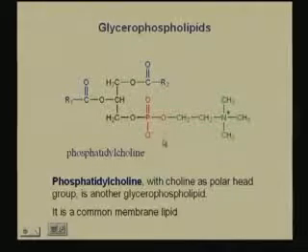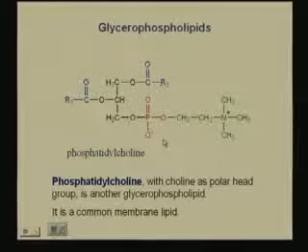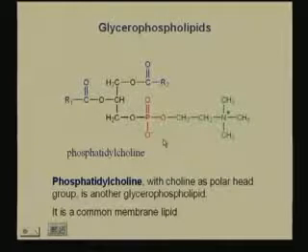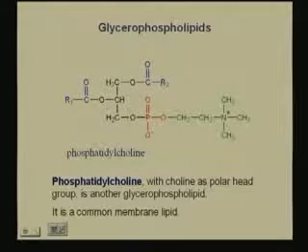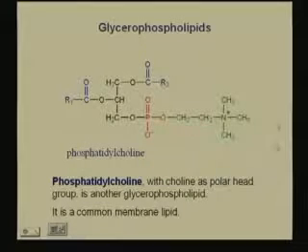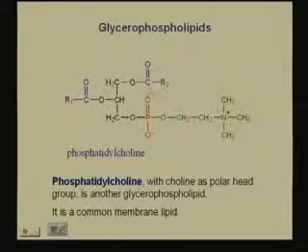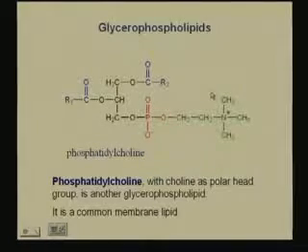Okay? So, these are the different types of glycerophospholipids that we can have. What you need to remember is the basic structure is a glycerol. You have two fatty acids, R1, R2, you have a phosphate, and the phosphate is linked again to another polar head group that is going to result in a polar head group to your lipid.